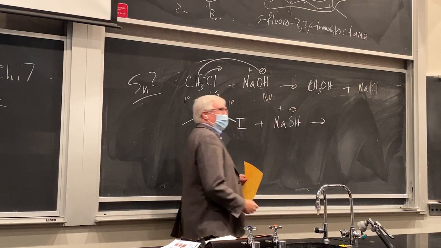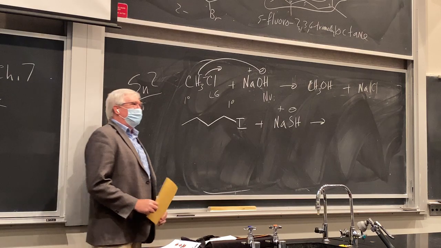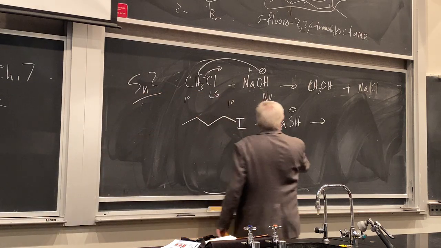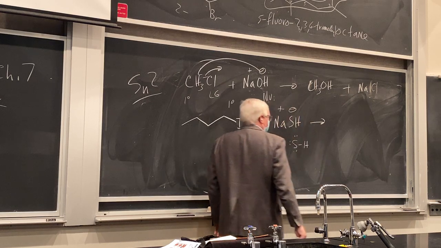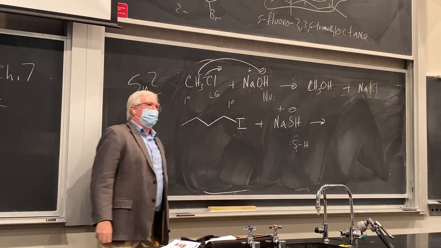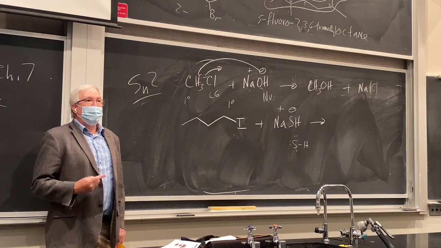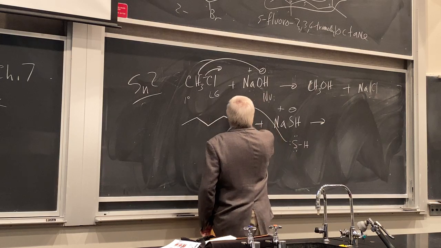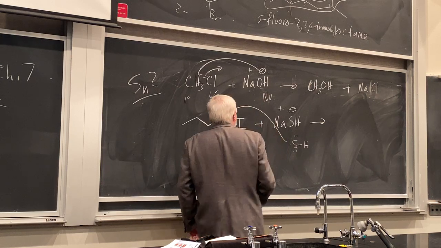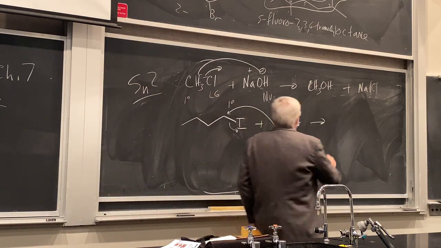Sulfide, HS on the sulfur will be the negative part there. Remind yourself what that looks like Lewis dot-wise: 6 valence electrons for sulfur, negative charge, so it's got 3 lone pairs, and it's charged. So that's a very good nucleophile. That is primary, so that's good. And so what would be our product?